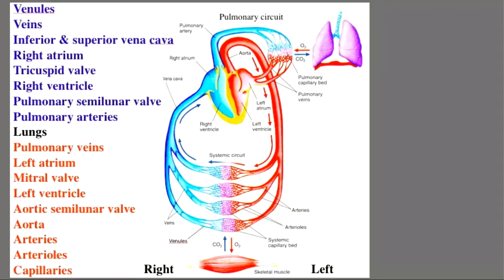So here's like a flow chart of how the blood travels, right? Going from the capillaries to the venules, to the veins, which join up and become the vena cava, and the blood then enters the right atrium, goes through the tricuspid valve, enters the right ventricle, goes through the pulmonary semilunar valve, enters the pulmonary arteries, and then it goes into the lungs.